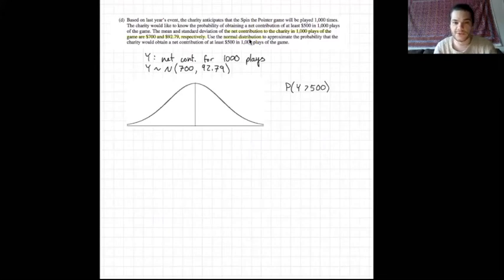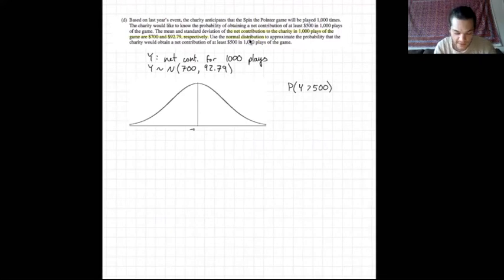I have a normal distribution here, centered at 700. We're going to put 2 standard deviations. That happens right at this point of inflection, right when this slope stops getting steeper and starts getting less steep. So this is about 792, and this is about 608. We want to know the probability that we get at least 500.